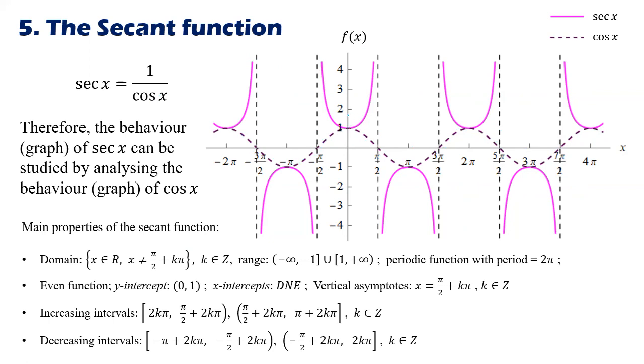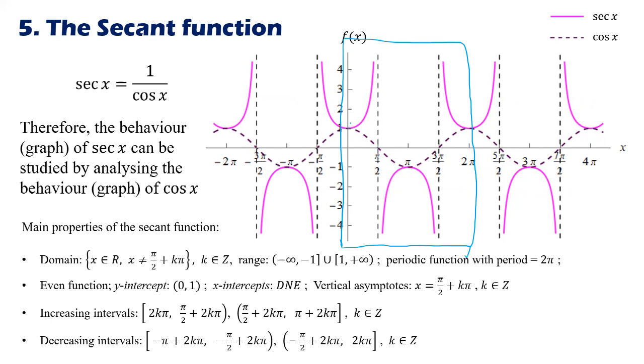And then with the help of cosine x, we can analyze the behavior of secant x, right? For example, we can consider the cycle from 0 to 2 pi again, okay? This is one of the cycles of cosine x. When x goes from 0 to half pi, cosine x is decreasing from 1 to 0, right?